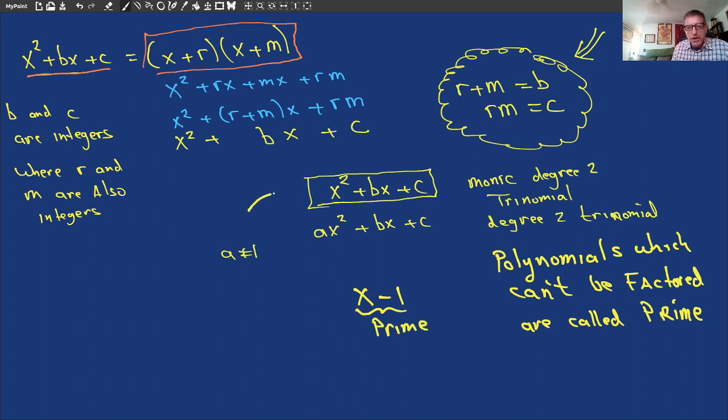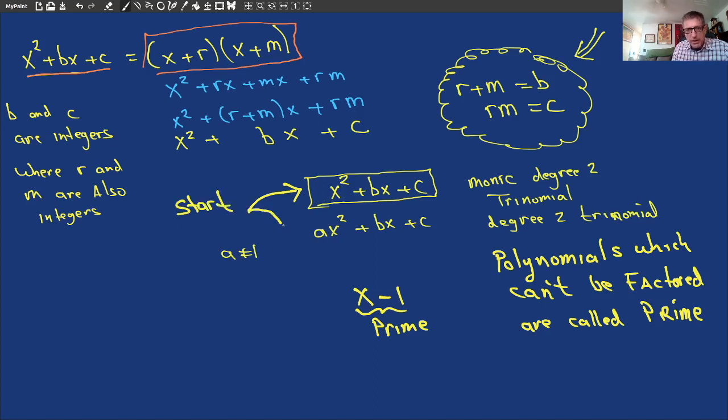Now we're actually going to look at a specific example in just a second, and I'm going to go through the entire method. All of this is just setting up the necessary concepts that you need. As it turns out, these are the easiest, and we're going to start with the type where the leading coefficient is 1.